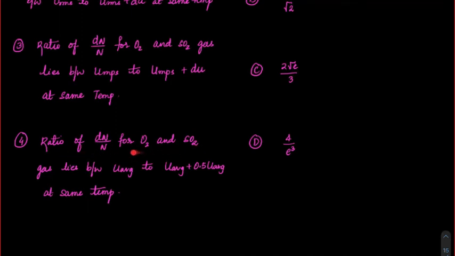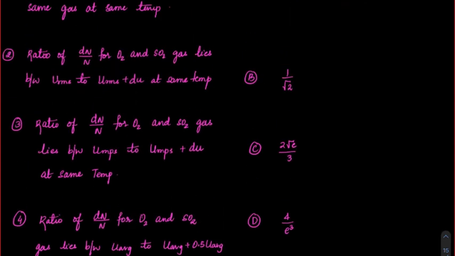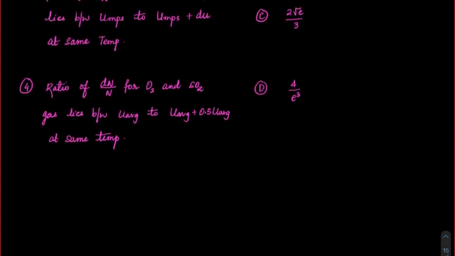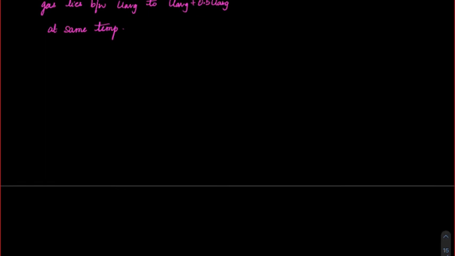Fourth one is the ratio of fraction of particles for O2 and SO2 lying between u_average plus this f, this is the factor f which I said, f into u_average, at the same temperature. There are certain options given here. Not too much solving is required. You observe this here, so this would be very simply solved.